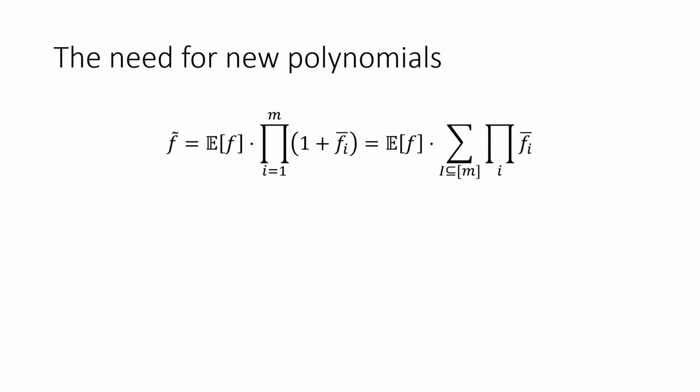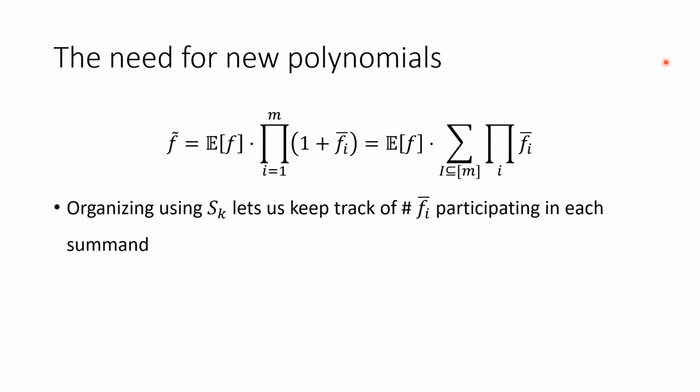Let's revisit the bias function. Remember, we have this formula. The bias function is equal to the expectation of f times the product over I of 1 plus fi bar. We can expand that product into this giant sum of length 2 to the m, right? We just sum over all index sets I. Basically, the point of the symmetric polynomials was to help us with bookkeeping.